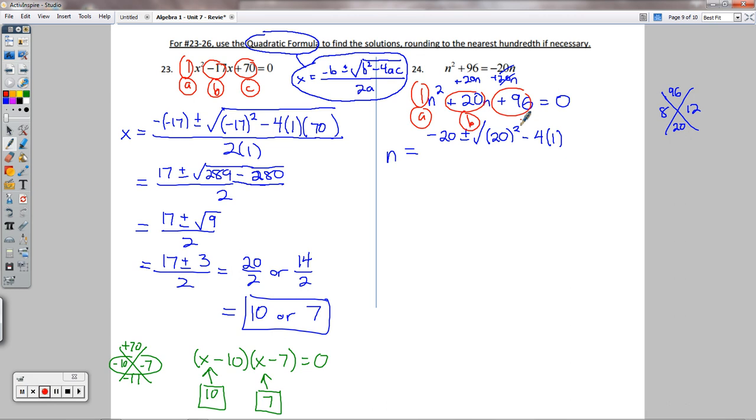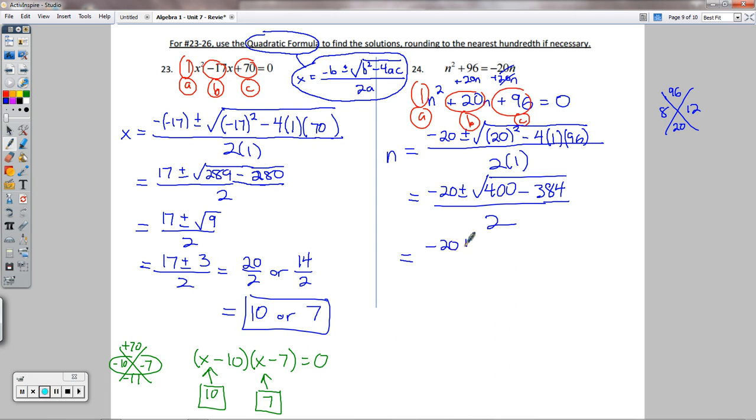Your c is 96. So 96 all over 2a, 2 times 1. You got negative 20 plus or minus the square root of 400, and that's minus 392. I'm sorry, not 392, 384, excuse me, all over 2.